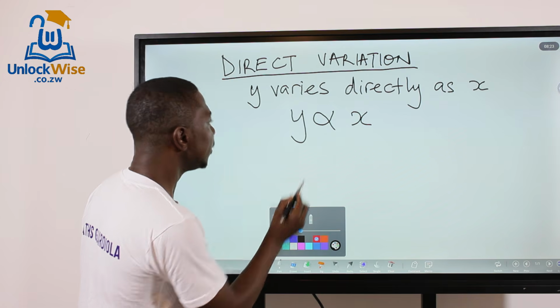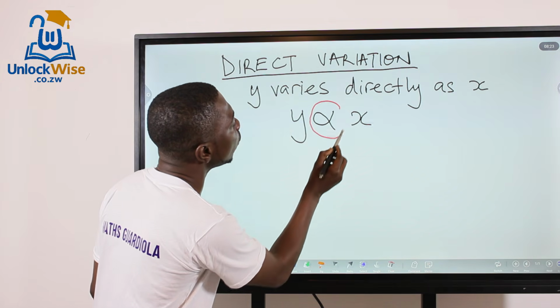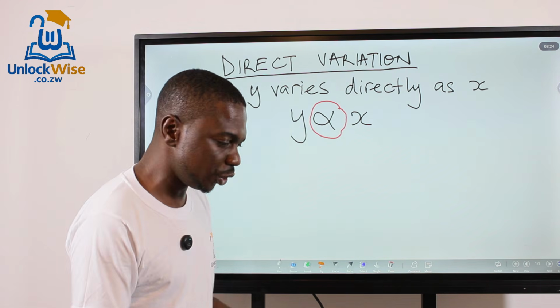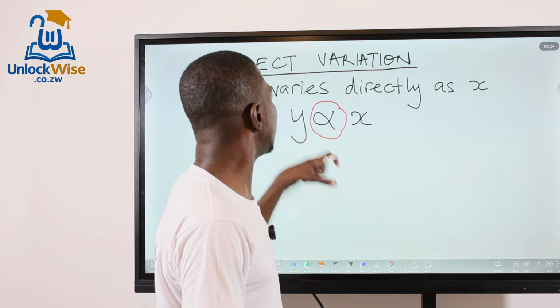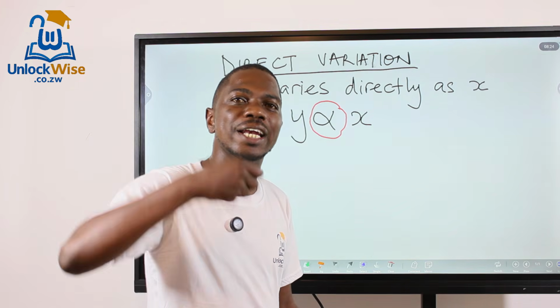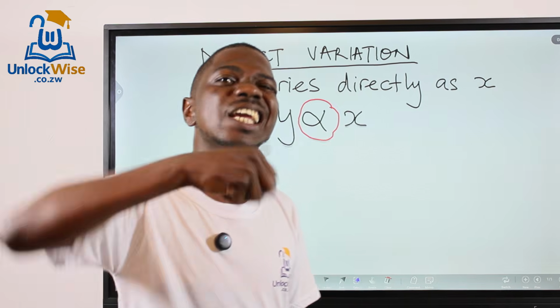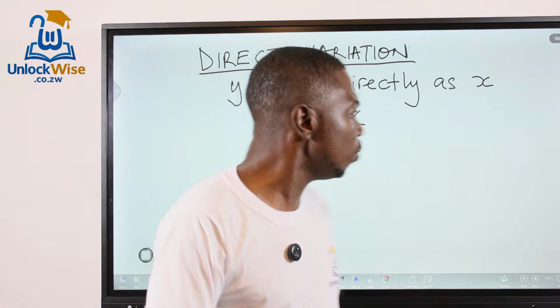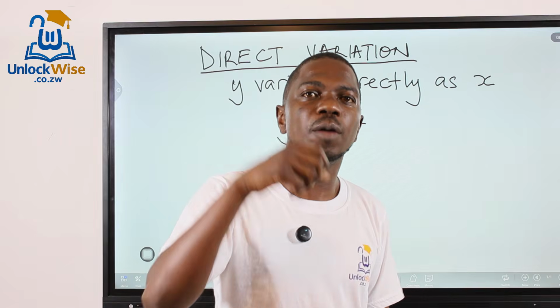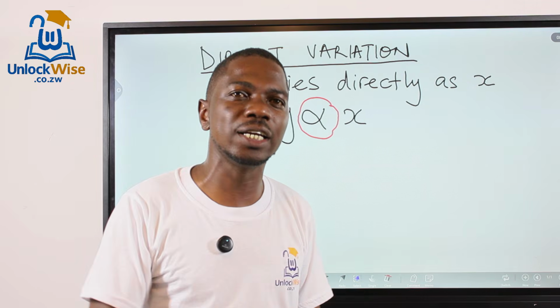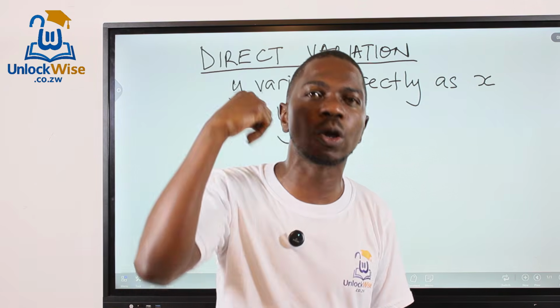Now, what this means, I want you to understand this. This sign is a variation sign, or we can call it a proportional sign. For us to change this statement into an equation, we will remove the proportion sign and put an equal sign, and also introduce a constant.